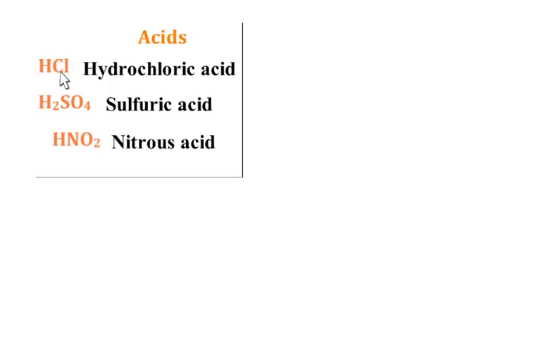And so depending on what the ending of the anion is, that will determine what the name rule is. So let's start with the first one here. HCl is hydrochloric acid. So if you look at HCl, you look at the anion, not the hydrogen, but the anion portion. The name of that anion is chloride.